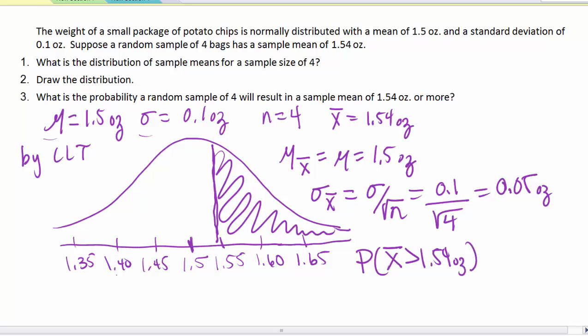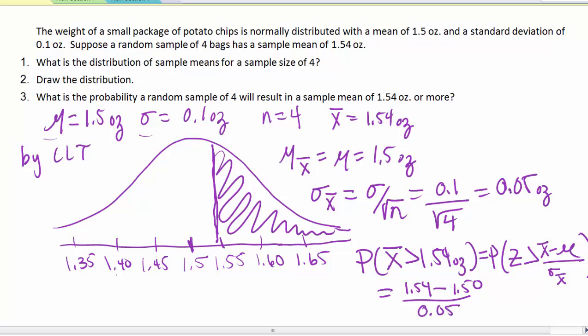Well, this is equivalent to saying the probability of z is greater than the z-score of x bar minus its mean divided by its standard deviation, which in this case is equal to 1.54 minus the mean of 1.50, all divided by the standard deviation of not 0.1, but our standard deviation of our sample mean, which is 0.05.